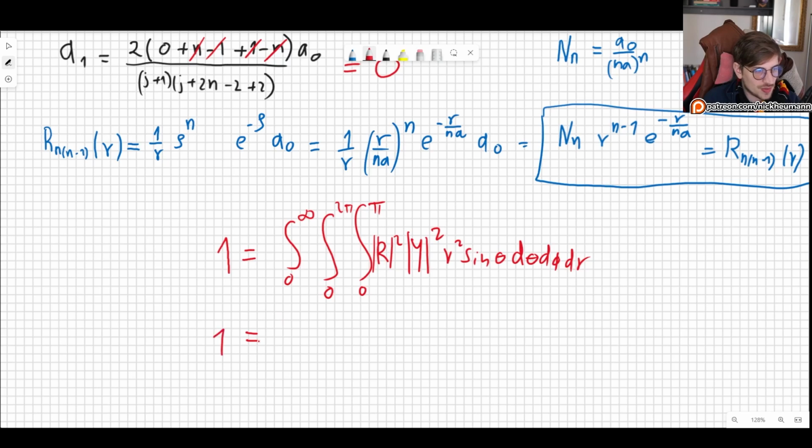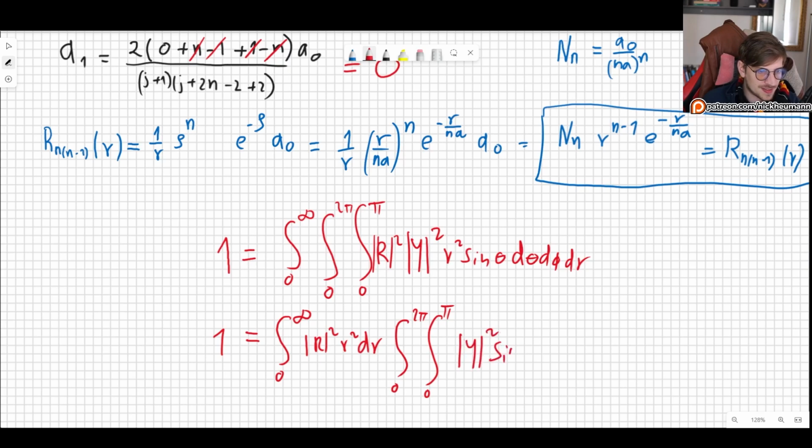So by doing this, we are simply saying, well, 0 to infinity, r squared dr, and then we have the integrals that concern the angles, right? So we have 0 to 2 pi, 0 to pi. I'm not sure I put the angles d theta, d phi in the right order, but it doesn't matter. We're not going to integrate them, but keep in mind, that's this squared sine theta, d phi. And this thing has to be 1.